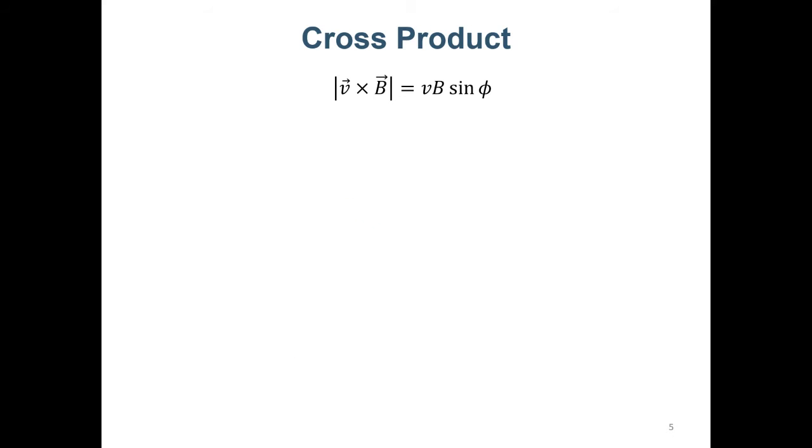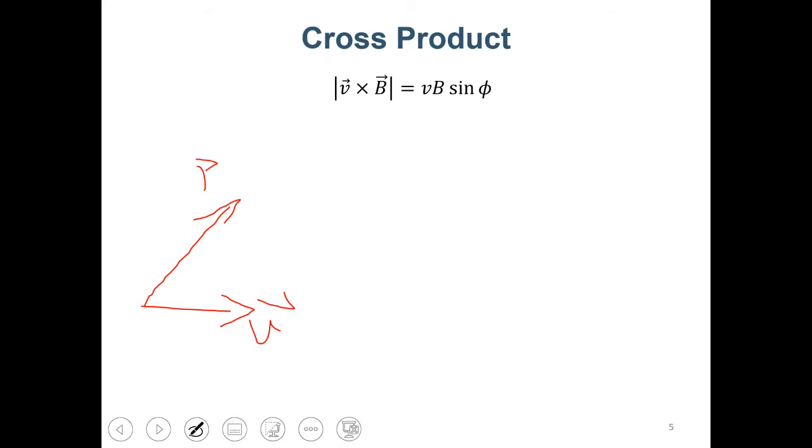So actually, let's see. Suppose we have V and we have B here. So V cross B should have a direction like this, going onto the upper side.